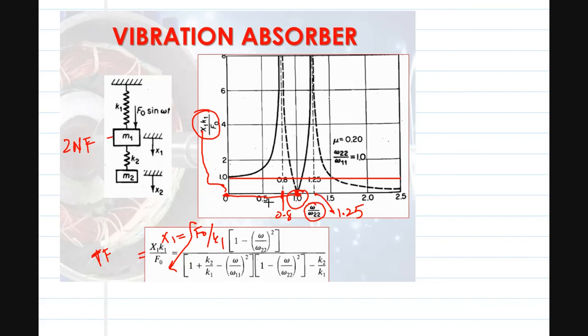Now, one of the most difficult things in using absorbers is that absorbers operate in a very narrow range, which means that this is your actual range of operation of the vibration absorber, so your omega by omega 2 can vary from 0.8 to 1.25. In this range, your amplitude is even smaller than this.